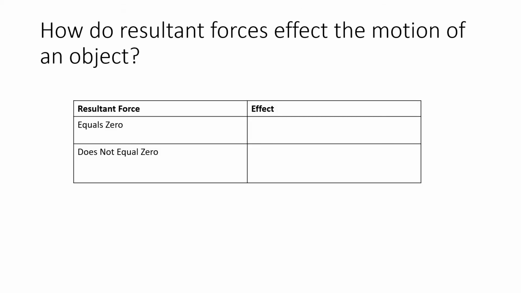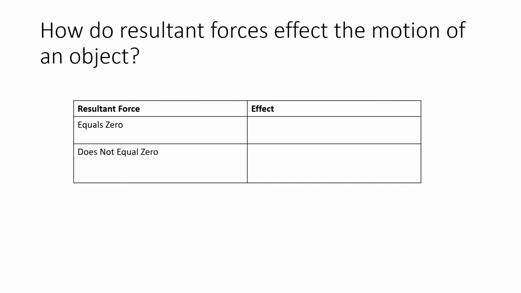Okay, so how do resultant forces affect the motion of an object? If you've got a car that's got a resultant force of 0, the direction and speed of that car, if it is moving, isn't going to be changed.